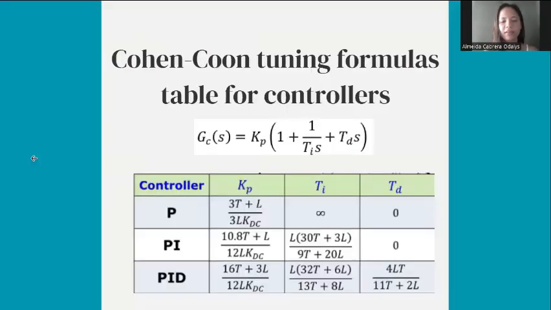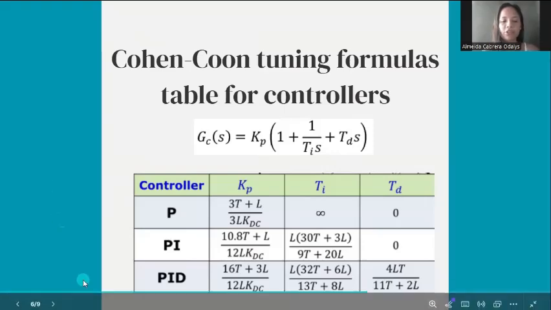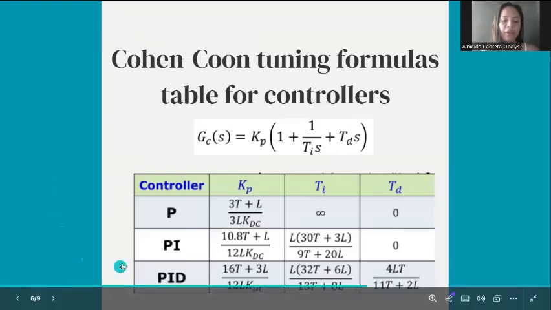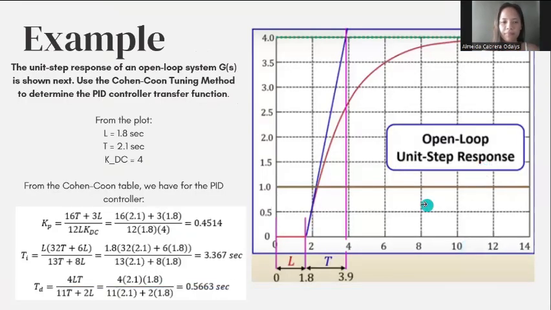From this table, we obtain the formulas for the PID controller. Exactly, we use these formulas for the PID controller. Then with the values we previously obtained, we calculate the values of KP, TI, and TD.